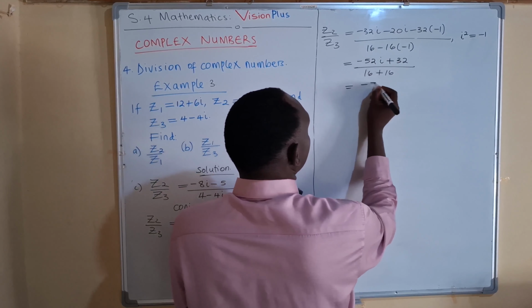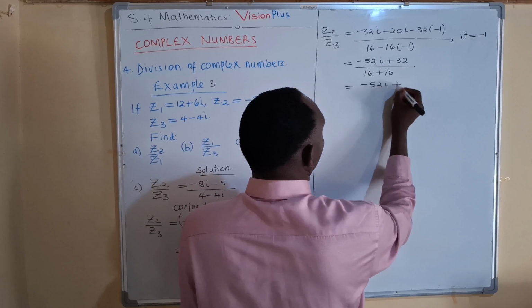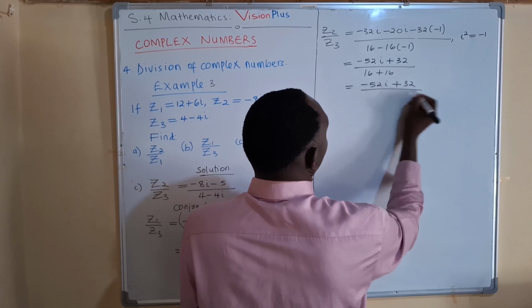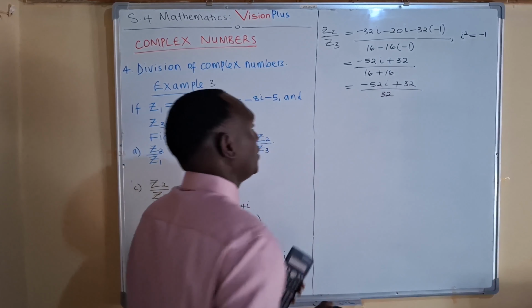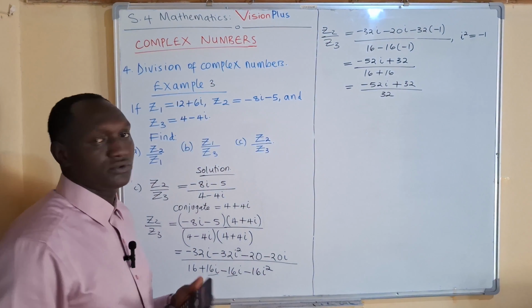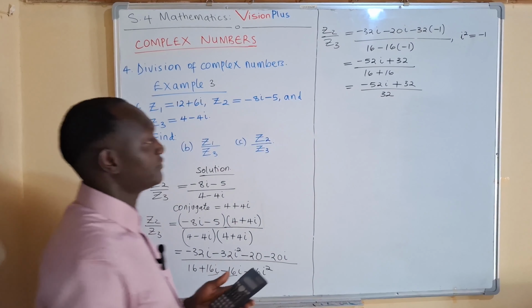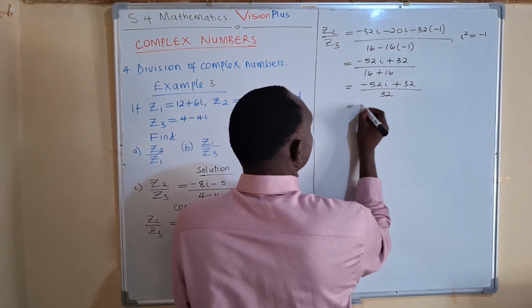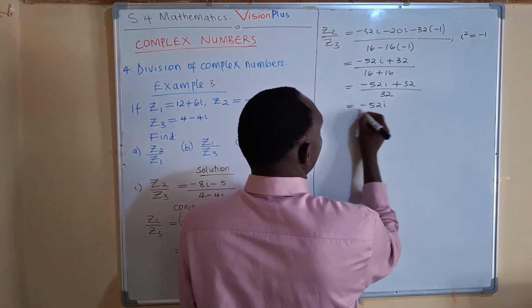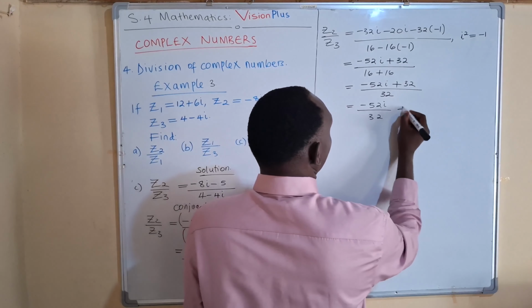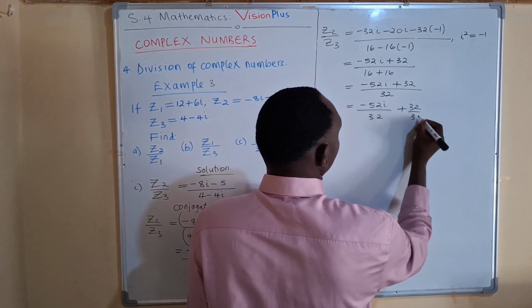So you shall have negative 52i plus 32 out of 32. And then we need to distribute the denominator and then simplify. So this gives us negative 52i out of 32 plus 32 out of 32.